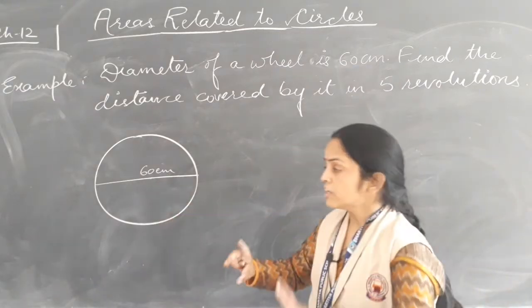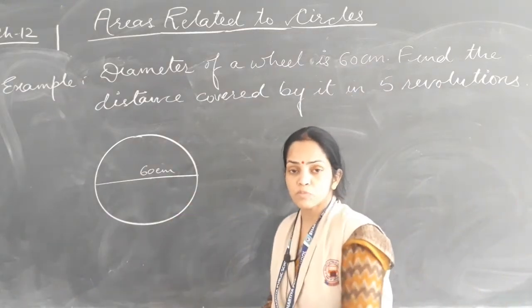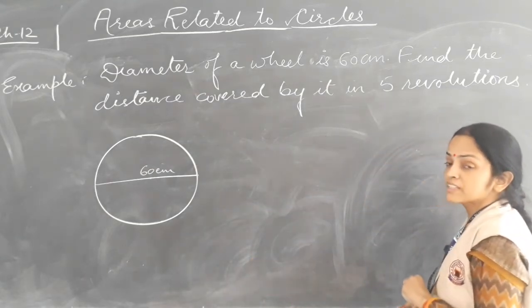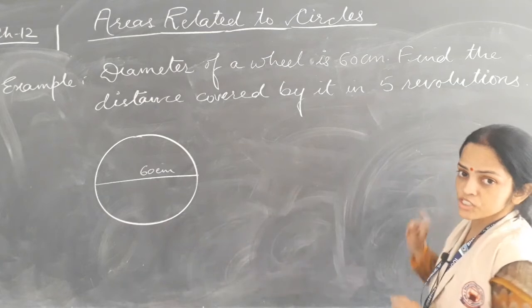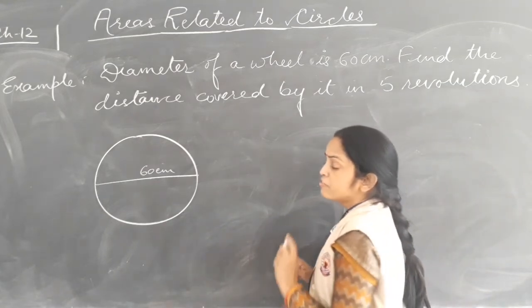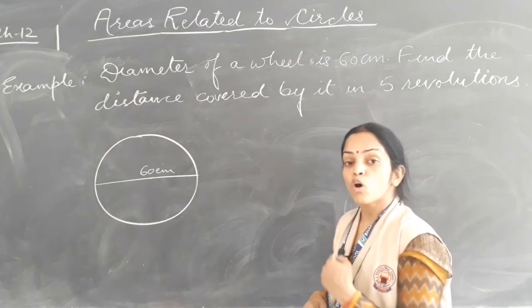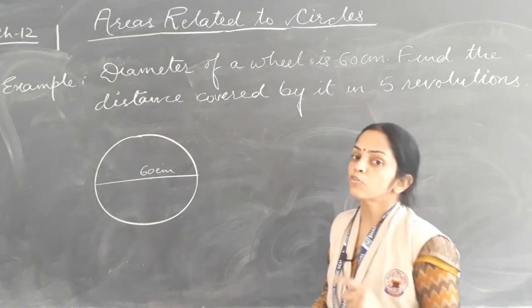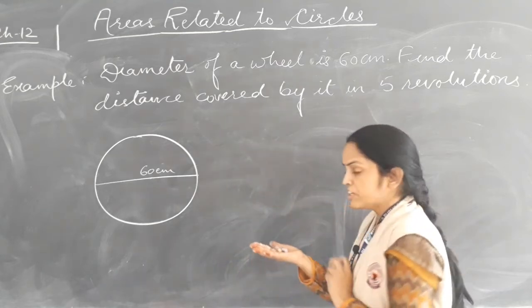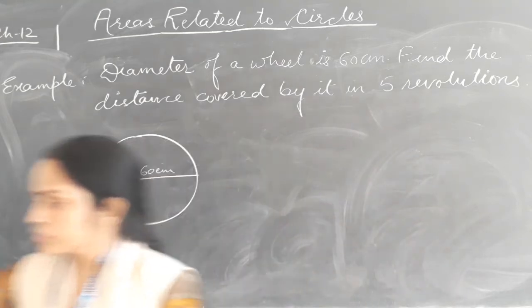If this wheel revolves 5 times, then what will be the distance covered by this wheel in 5 revolutions? So easy this question is. Now see, if a wheel is revolving or rotating once, then what will be the distance covered by wheel in one round?